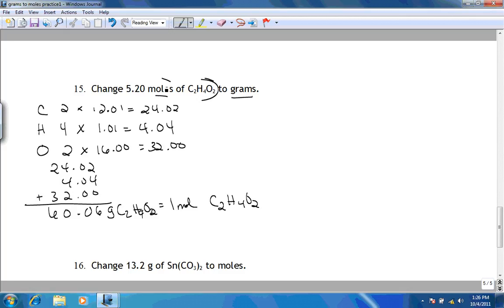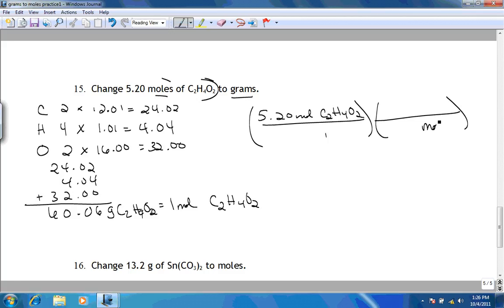Now that we have our conversion factor, we can convert our 5.20 moles over to grams. Moles on the top, we put moles on the bottom. Look at our conversion factor, we find that the number 1 goes with moles, and that is equal to 60.06 grams.